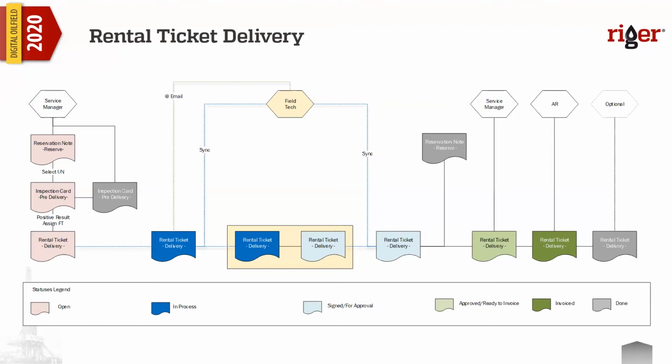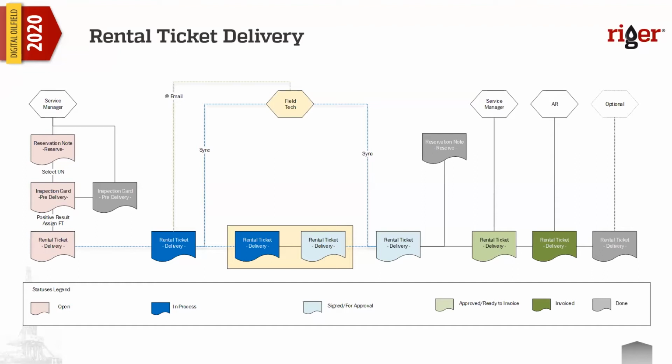He will have only one option in the ticket to select from the statuses, and this will be signed for approval. Once he does this, he synchronizes his mobile application back with the cloud storage, and the service manager or dispatcher or operations manager will see almost instantly, in a few seconds, that the status of the ticket has been changed to signed for approval.